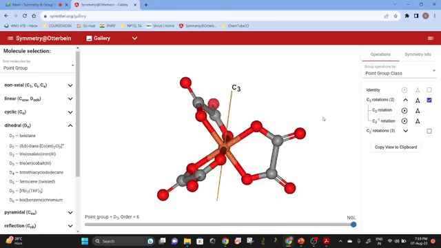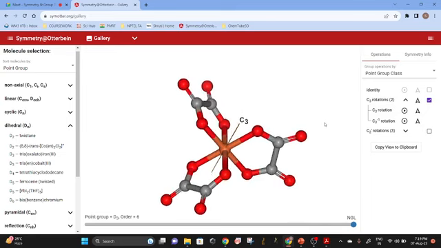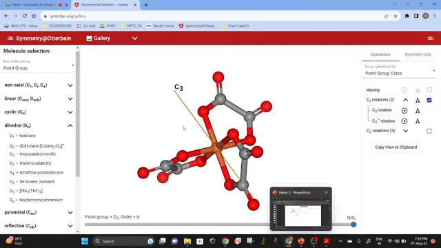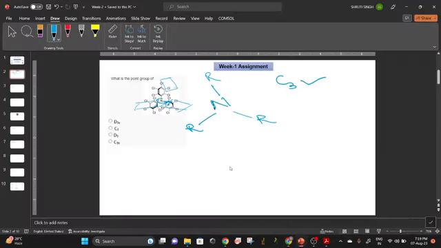It's like fan blades. Our old school fans are all in plane, but here the blades are a little tilted. This one is the C3. The molecule in our question is exactly the same, so there is a C3 passing through nitrogen.